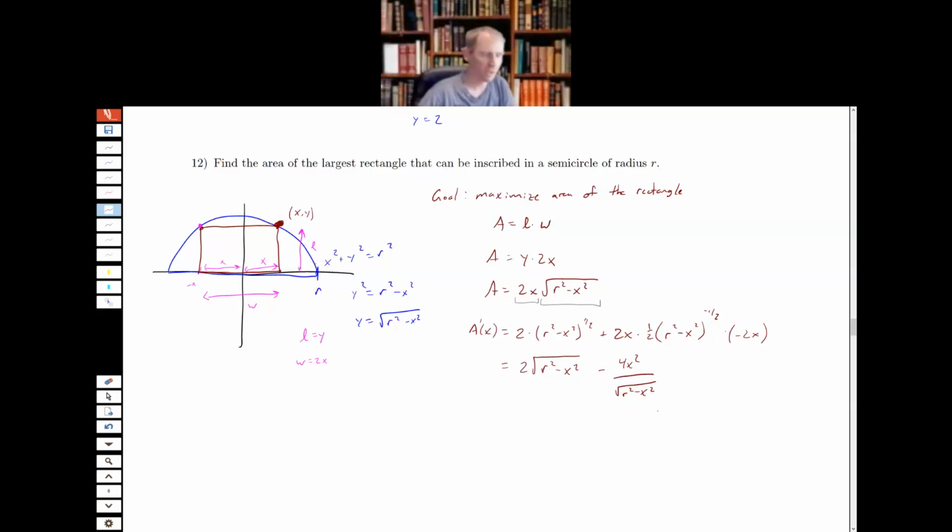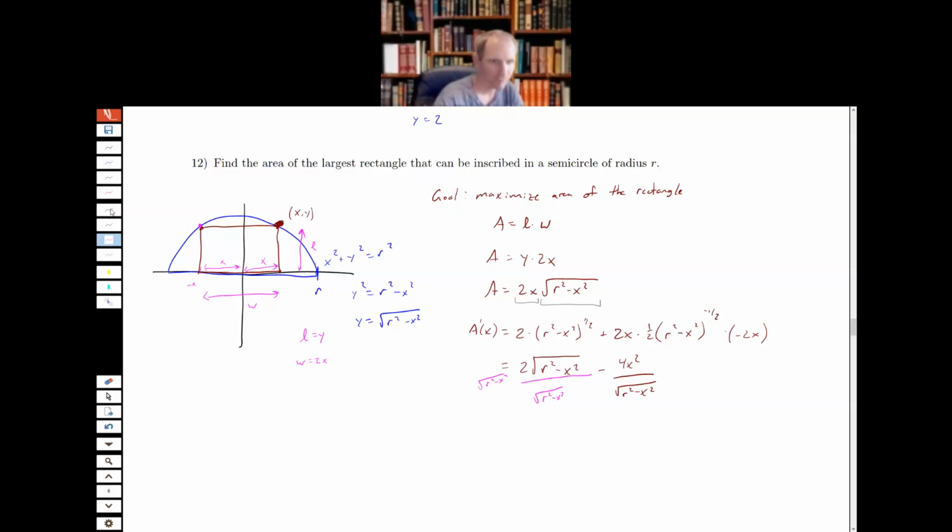Now I'm going to go ahead and simplify here. I really like having my derivative as one big fraction so that when I set it equal to 0, I can just look at the numerator, and when I look for where it's undefined, I just set the denominator equal to 0. So I'm going to get a common denominator. I'm going to multiply by the square root of r squared minus x squared on top and bottom.